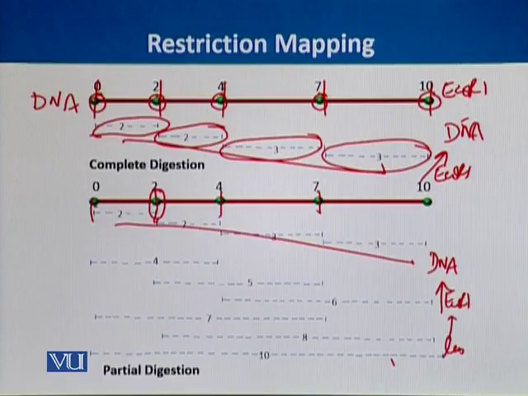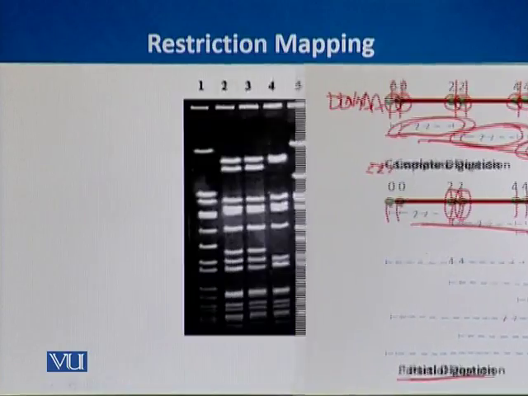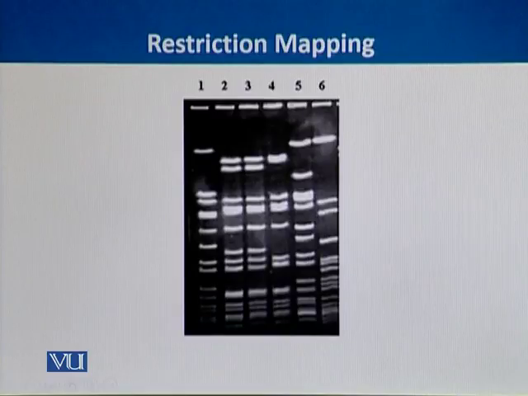So in partial digestion, which is the opposite of complete digestion, many different fragments will be generated, so all the possibilities of fragments will be present. Scientists have many different tools to measure the size of the fragments.